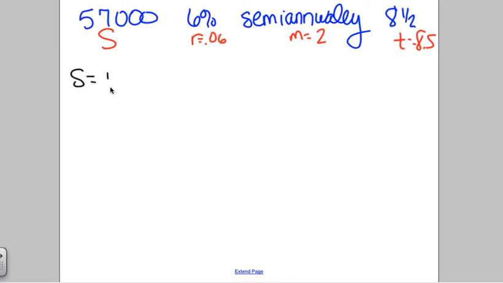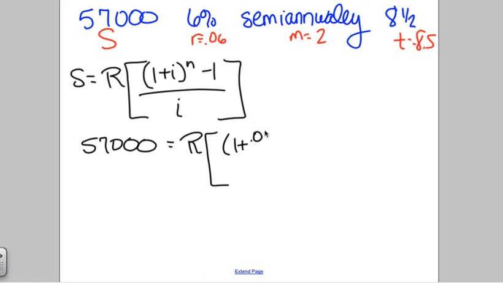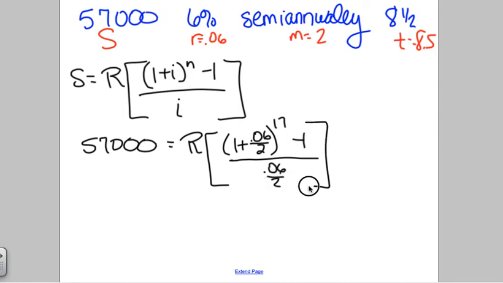So I have S equals R times 1 plus I to the n minus 1 over I. So S is 57,000. I'm solving for R, and I'm going to have 1 plus 0.06 over 2 raised to the m times t, so 8.5 times 2 is 17, minus 1 over 0.06 over 2.